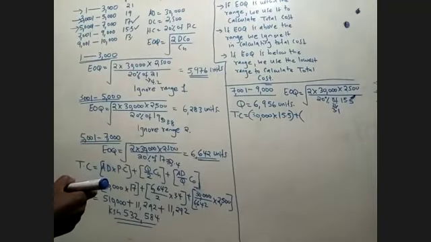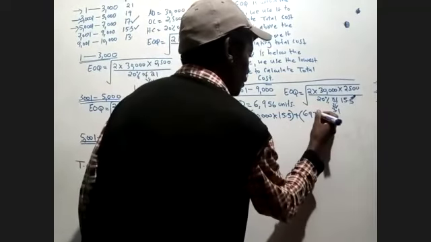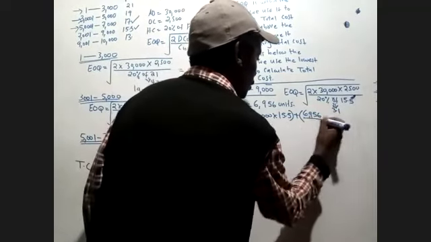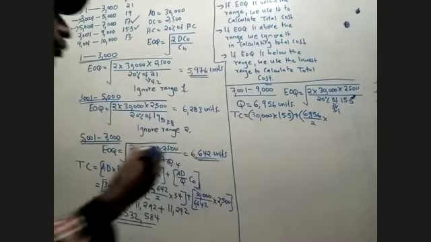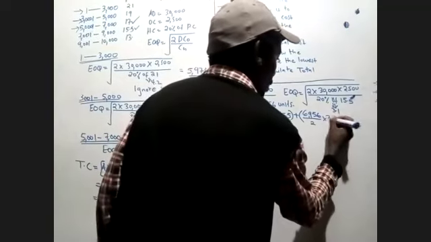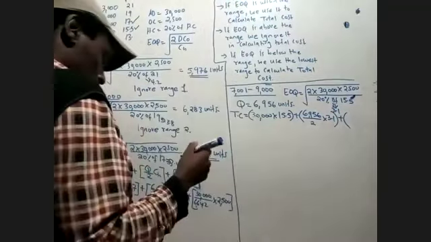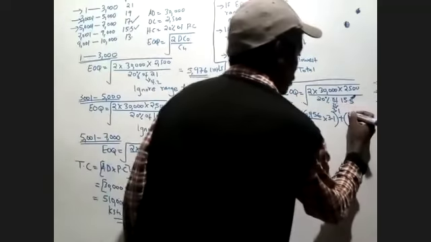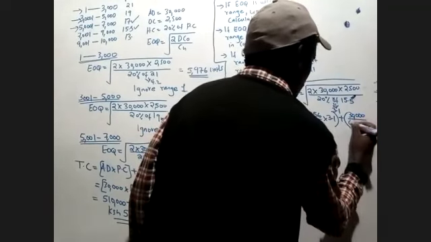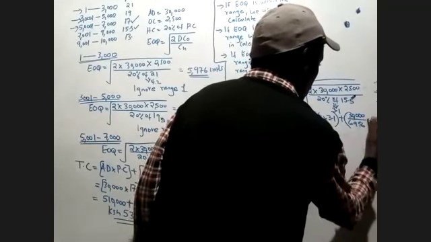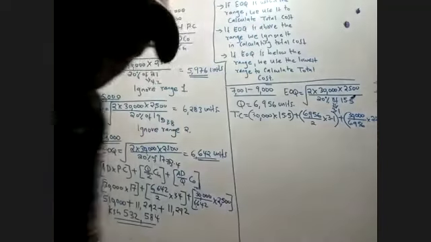Then we add holding cost, which is 6,956 divided by 2 multiplied by the holding cost, 3.1. Then lastly ordering cost: annual demand, 30,000 over 6,956, times 2,500.